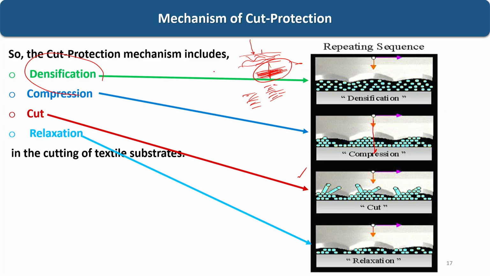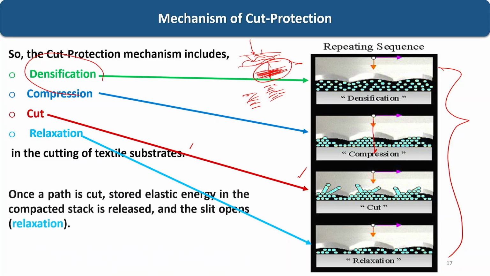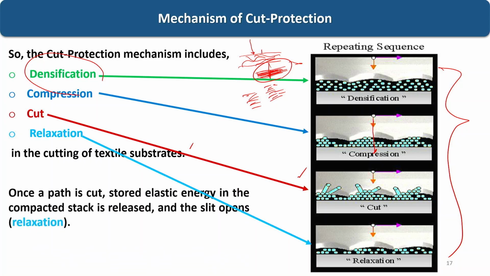This is included in the cutting of textile substrate. So, this is happening in any cut protective textiles. If it cuts, once a path is cut, the stored elastic energy is released.